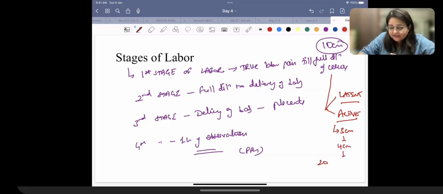And in 2018, the WHO has now changed this to 5 centimeters, which is what all of you should remember, that active labor starts at 5 centimeters of cervical dilatation. The Americans have gone one step ahead. They say 6 centimeters, but we haven't reached that far. We are still following the WHO. 5 centimeters is active labor. So this is what you should remember.